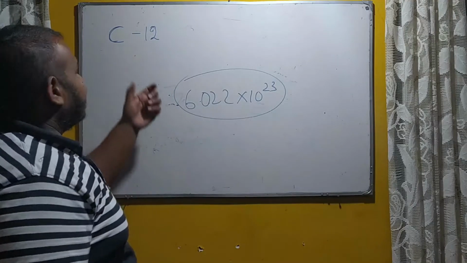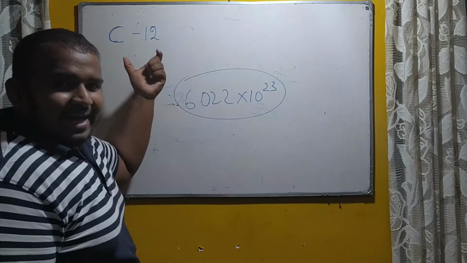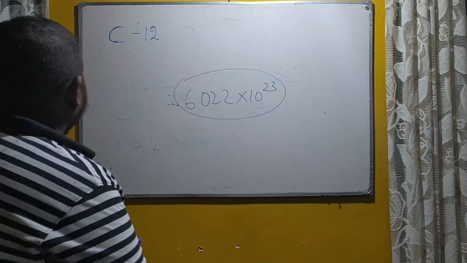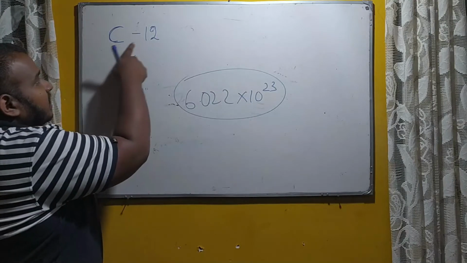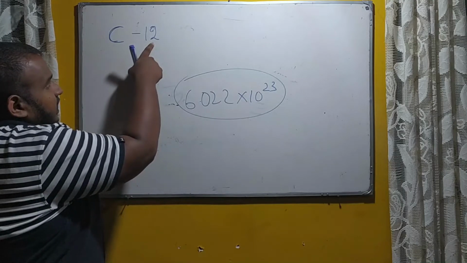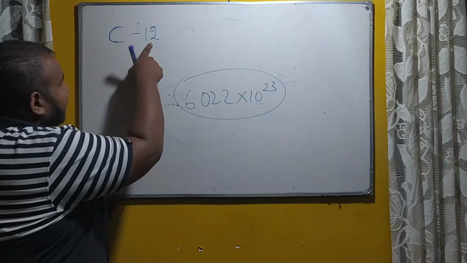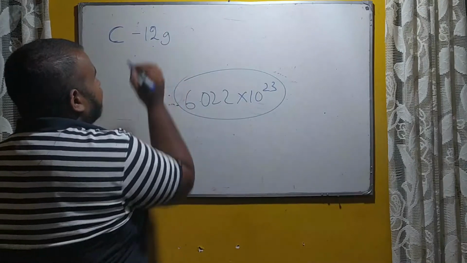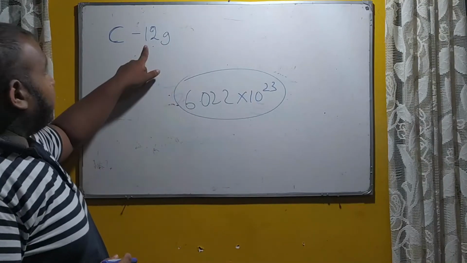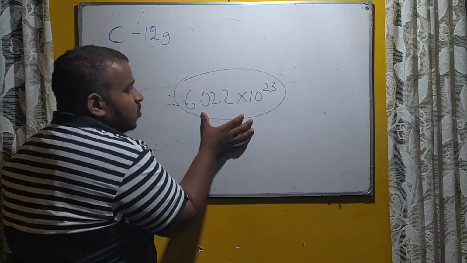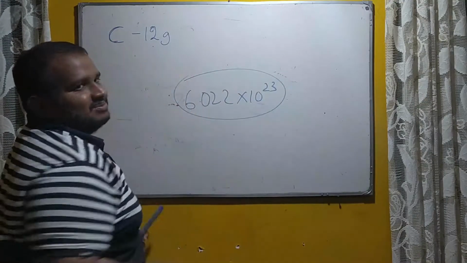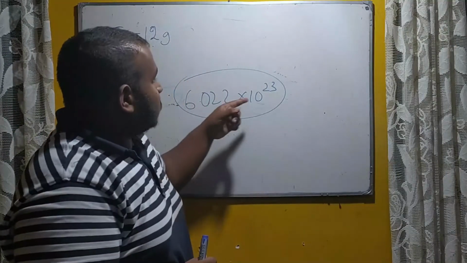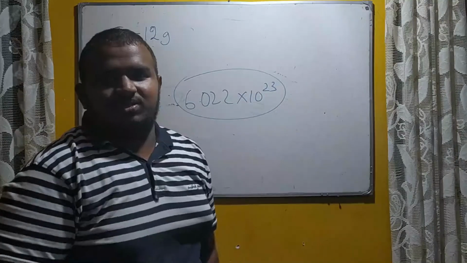If you take the relative atomic mass value in grams of that specific element, so if you take 12 grams of carbon, you will be able to find 6.022 into 10 to the power of 23 carbon atoms. It's going to be a very large value.